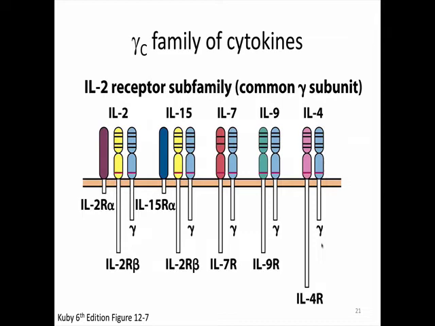The common gamma chain is known as CD132. IL-2 receptor beta is known as CD122. And the one of these you actually care about is IL-2 receptor alpha, which is also known as CD25. We are going to see CD25 pop up here and there. It's IL-2 receptor alpha.